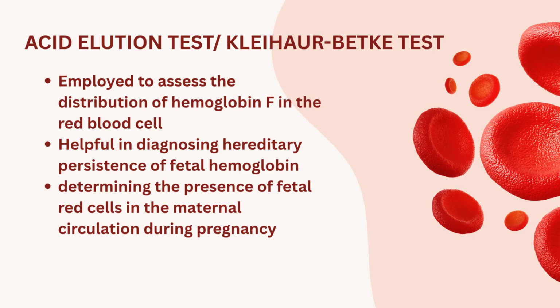It is also helpful in diagnosing hereditary persistence of fetal hemoglobin, and the Kleihauer-Betke slide test is used to determine the presence of fetal red cells in the maternal circulation during pregnancy.